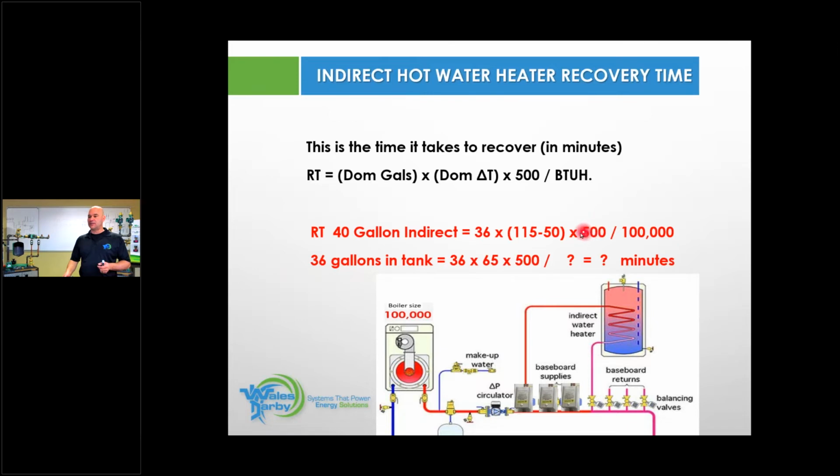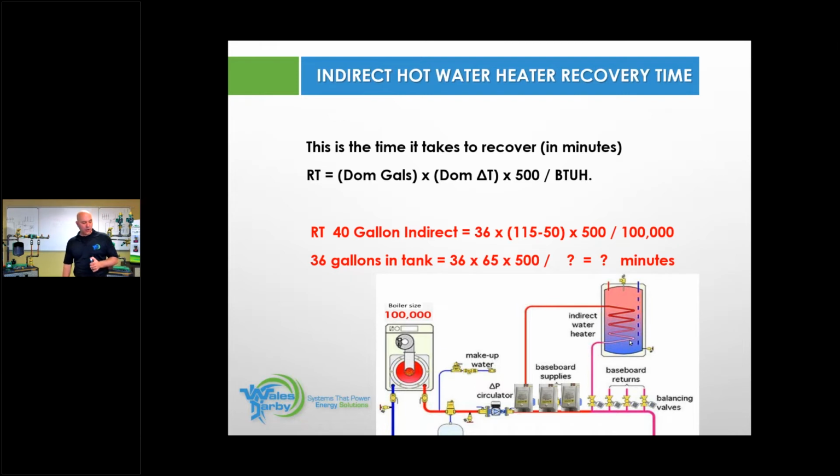Here's that 500. That's the weight of water, right? That's a pretty standard number in our formulas. So I'm going to do 36 times 65 times 500. And what am I dividing that by? Am I dividing it by the size of this boiler, or am I dividing it by the size of this restriction to support the heat needed to make hot water?